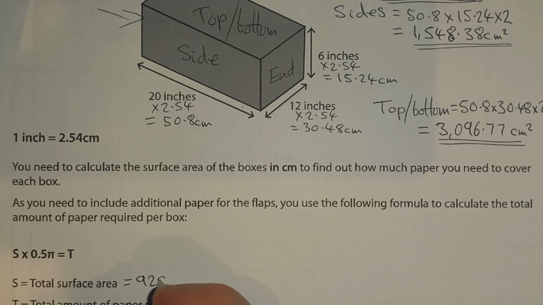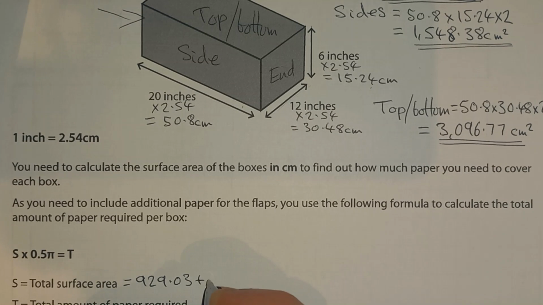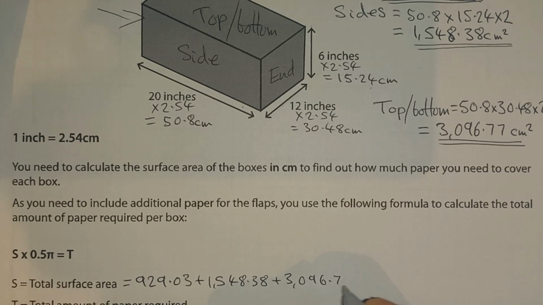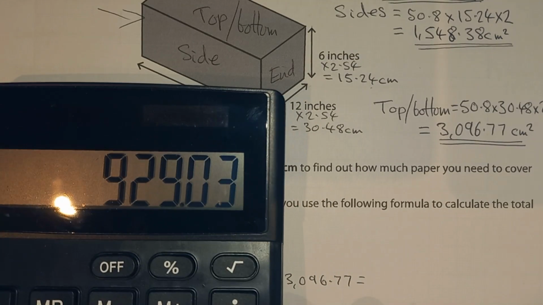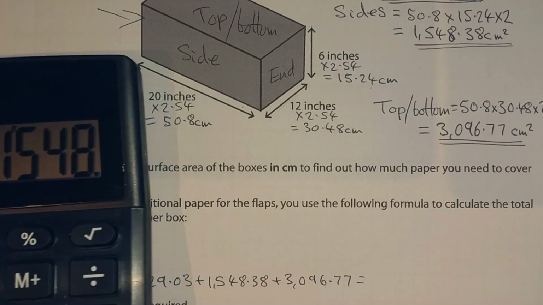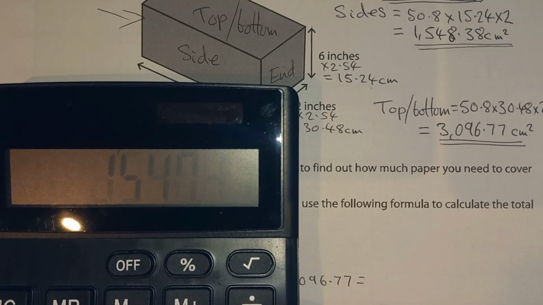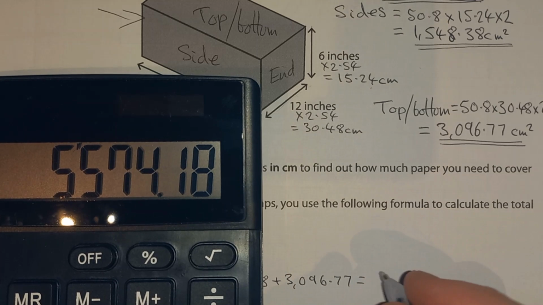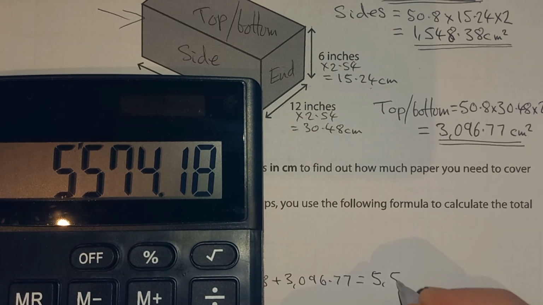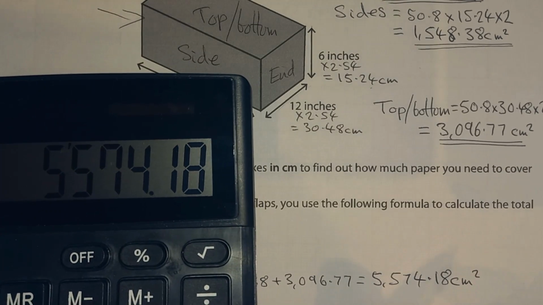So it's going to be the 929.03 plus the 1548.38 plus the 3096.77, and we get 5574.18 centimetres squared.